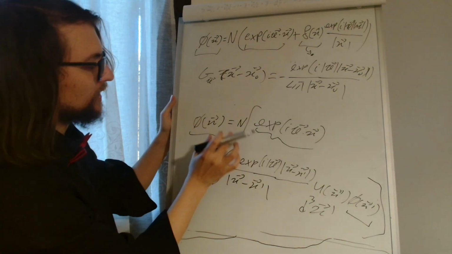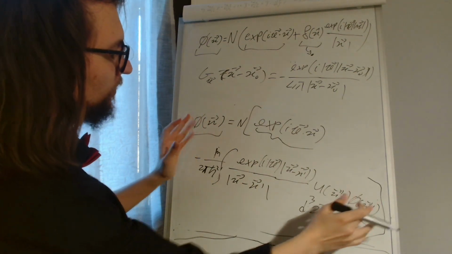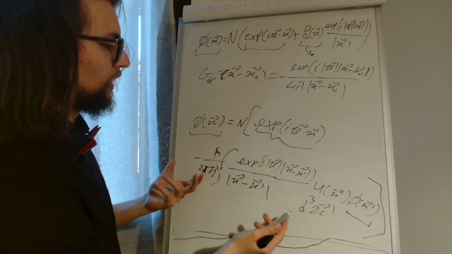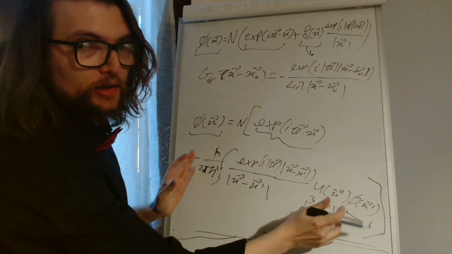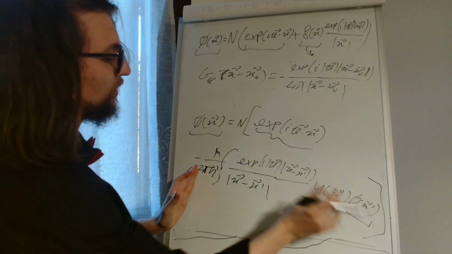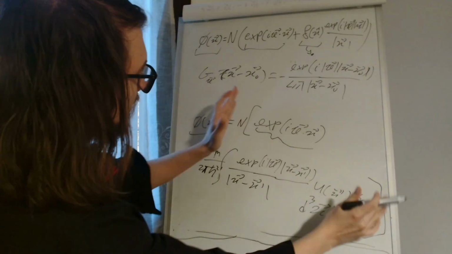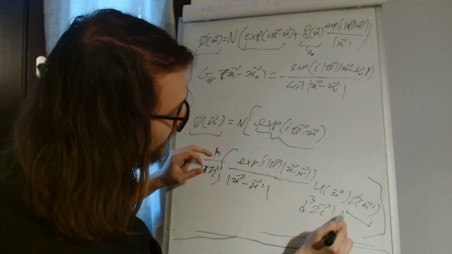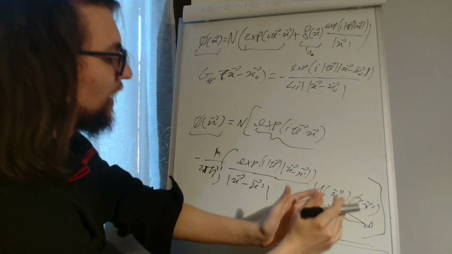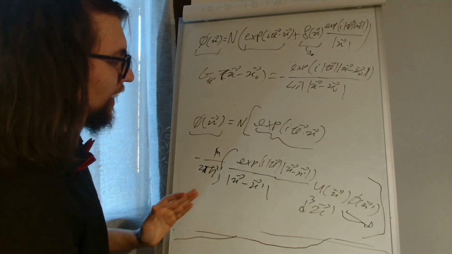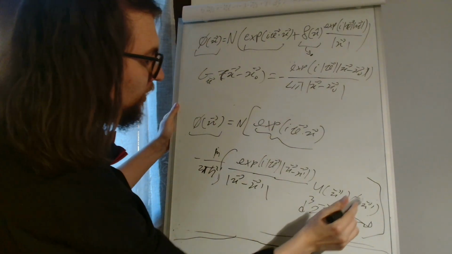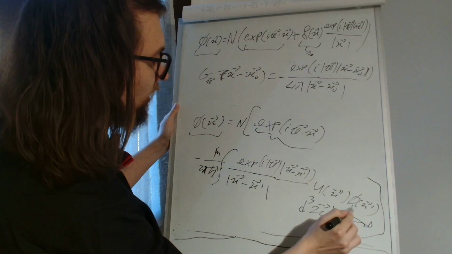So we write out the whole expression because we are interested in evaluating this term. But when we put this expression inside the integral, here we can cut this part and we substitute this with phi zero.